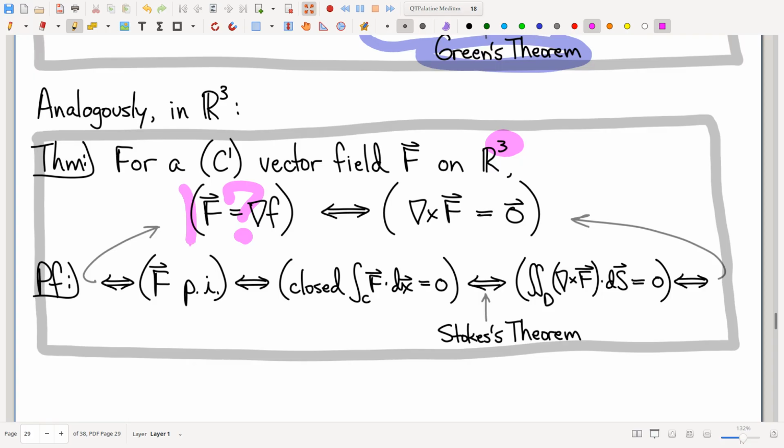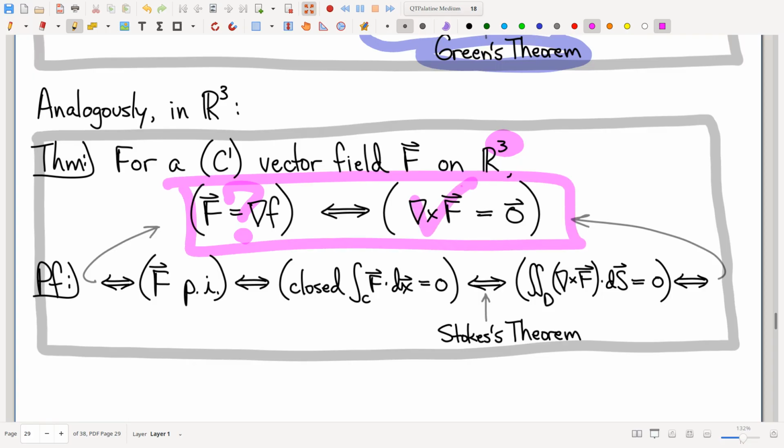And the answer was, you look at, well, again, curl. Now, again, different formula in 3 dimensions. It's a vector. It's computed by a formula that cosmetically at least looks like a cross product. But anyway, still call it curl. And whether that is 0 tells you the answer to the question of whether your vector field is or is not a gradient.